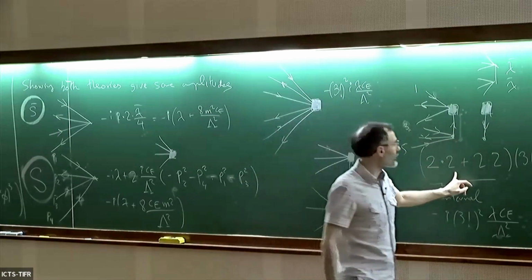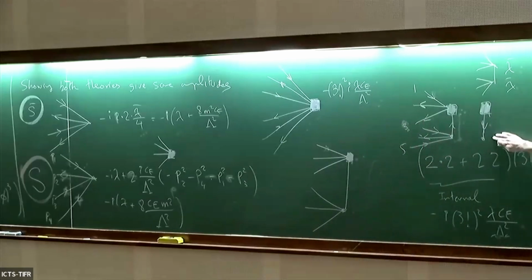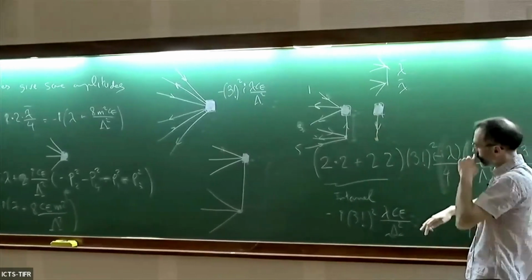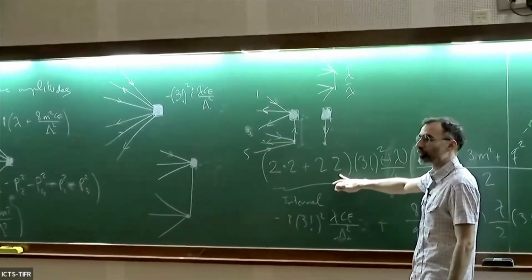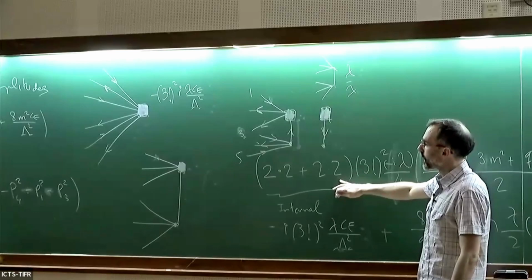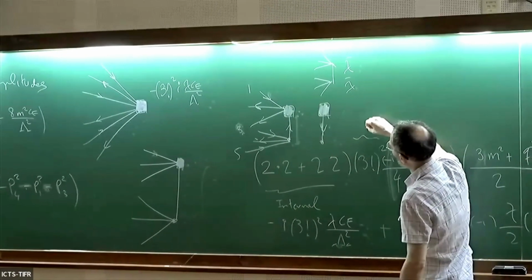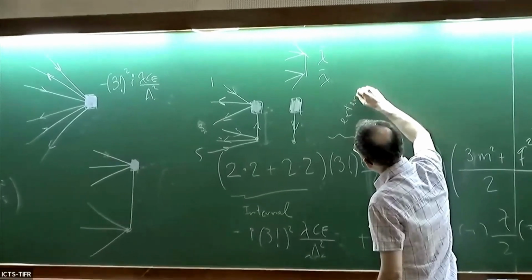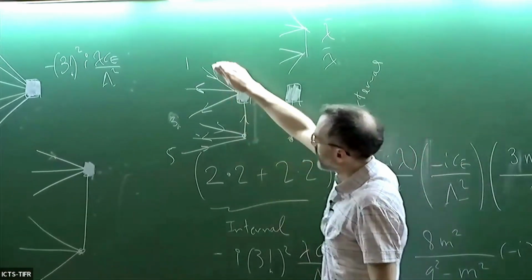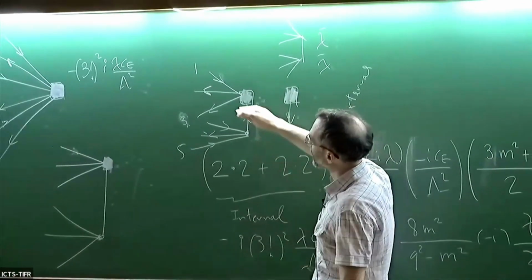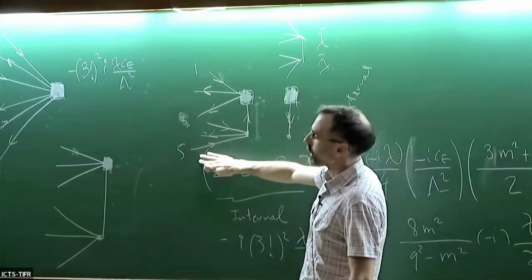Then the very same story repeats when the arrow is going in the opposite direction. I can take any of those 2 times any of those 2, so that will be another factor of 4. Now what we're left with, the leftover combinatorics, is what I call the external combinatorics. Which is to say, I've already decided who's connecting the two vertices, now I have to decide which labels I put on the outside legs.